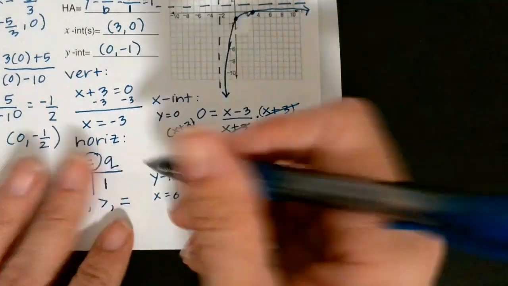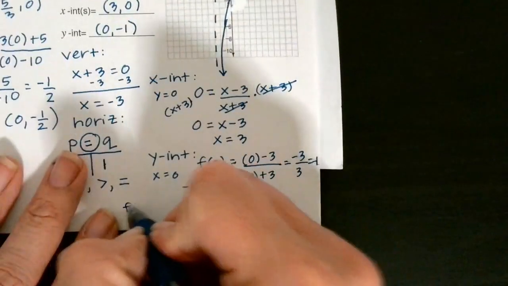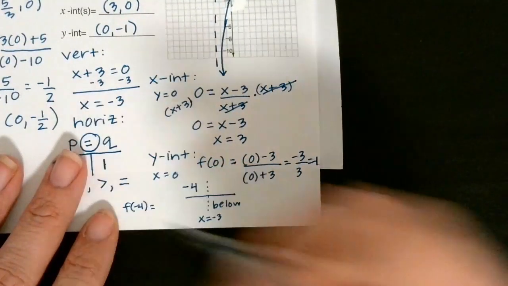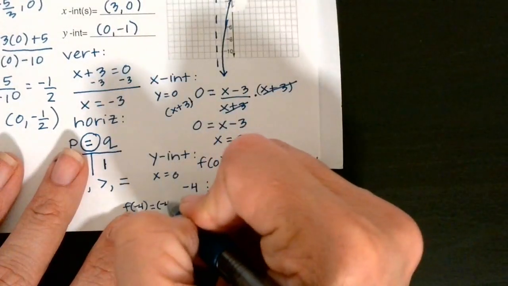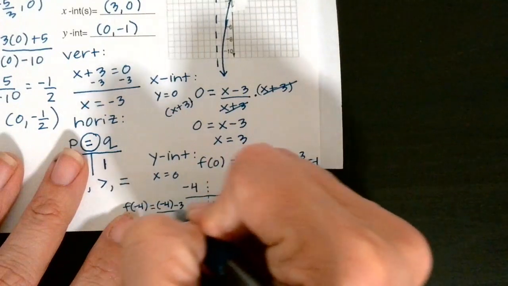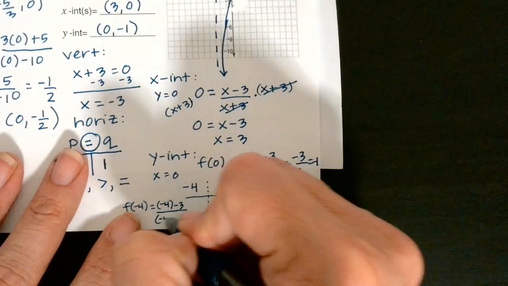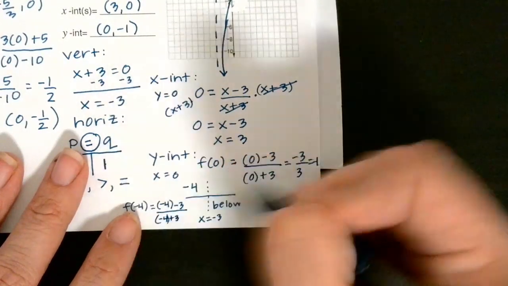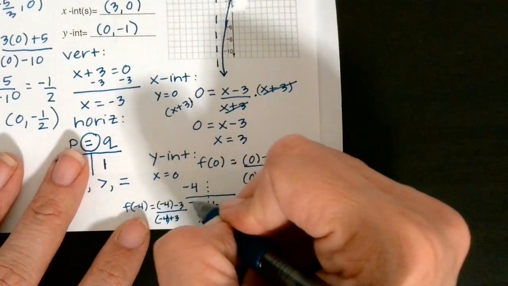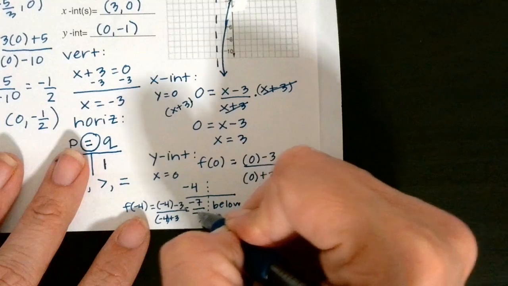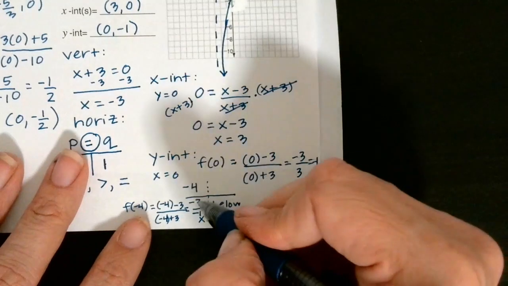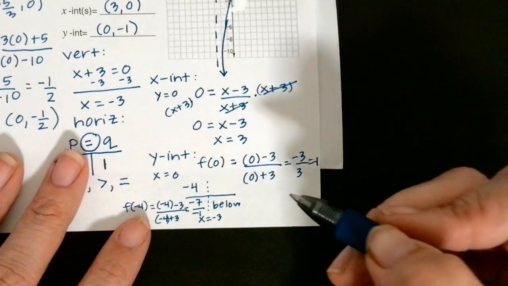So I plug in negative 4. So f of negative 4, plugging it into the equation we're given, is negative 4 minus 3 all over negative 4 plus 3. Negative 4 minus 3 is negative 7, and negative 4 plus 3 is negative 1. And what's negative 7 divided by negative 1?